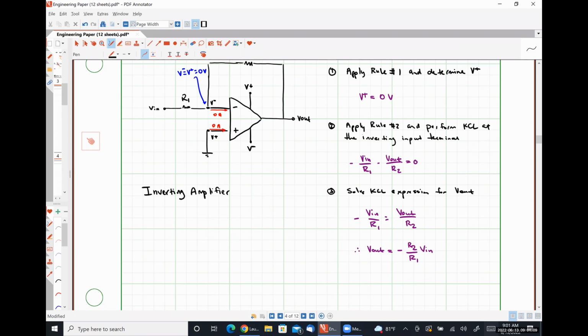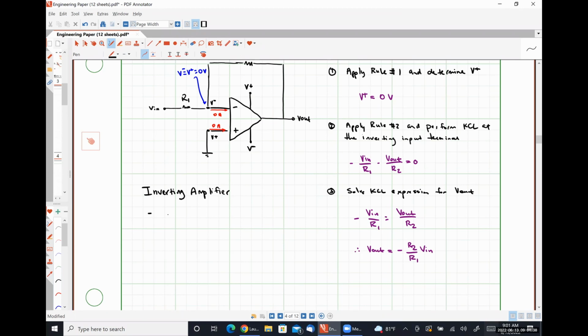The reason why it's called an inverting amplifier is because the sign on the output voltage is opposite the sign on the input voltage. Meaning, if we apply a positive input voltage, we get out a negative output voltage. If we apply a negative input voltage, we get out a positive output voltage. Okay.